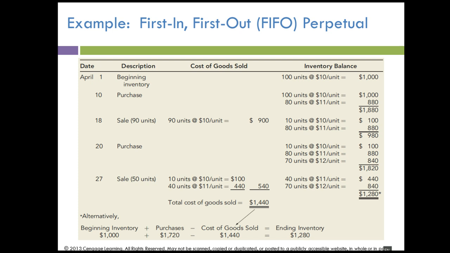And it shows that we have left 10 units from our beginning inventory, and then we have 80 units from the purchase on April 10th. So I was wrong there. The April 10th purchase was of just 80 units at $11, and what they're doing here is carrying forward the beginning inventory so we can always have an accurate description of what our costs are.